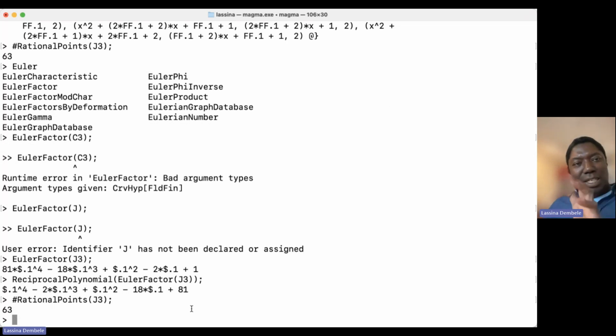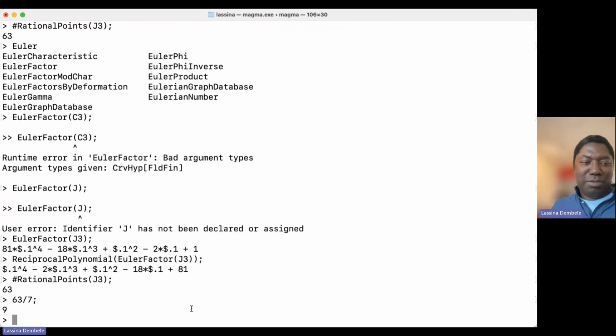So one exercise that I would like you to do is try to do the same thing for all the other primes that I listed. If you do this, you will see that all of those cardinalities are divisible by 7. Right? 63 is divisible by 7.